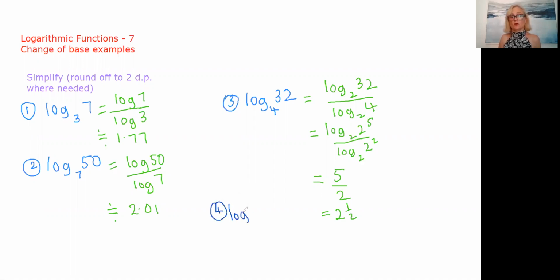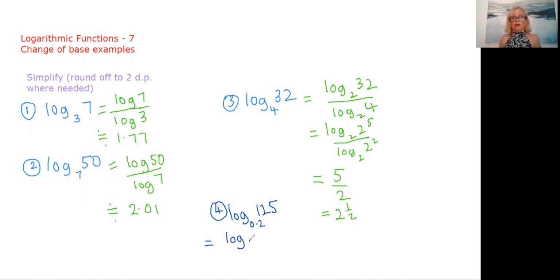So if we had log of 125 to base 0.2. Now just bear in mind here, 0.2 is 1/5, isn't it? 125 is 5 cubed. So how about we change both, change base into base 5.